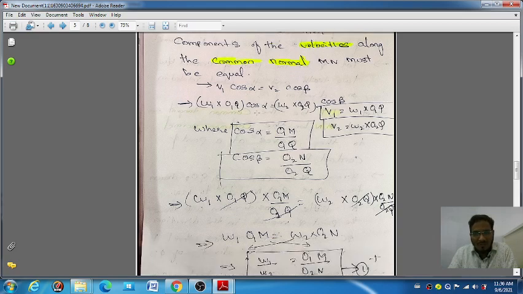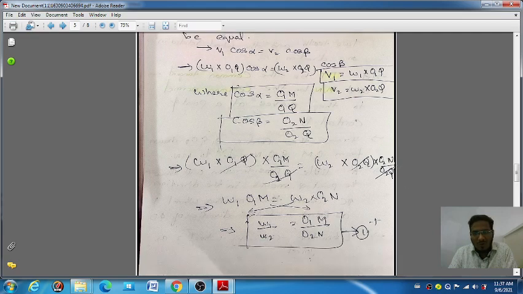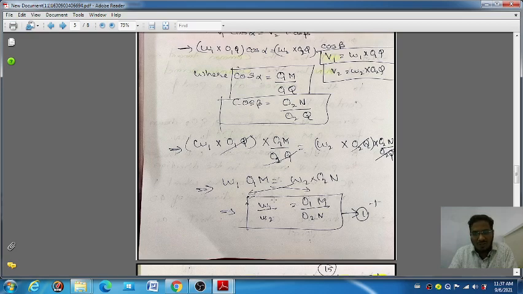Thus we substitute the values and cancel O1Q and O2Q. Omega 1 is equal to O1M1, omega 2 is equal to O2N. Just by cross multiplication, we get omega 1 by omega 2 is equal to O1M1 by O2N. That is our equation 1 of the velocity ratio.